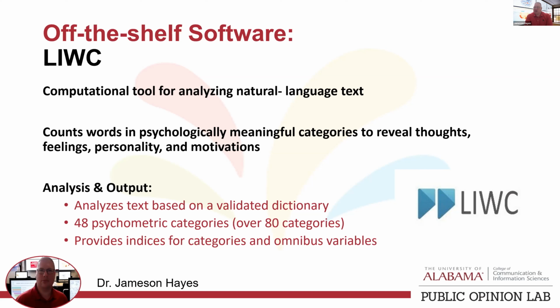They actually just released LIWC 22, which has updated dictionaries that include social language and a more robust emotion dictionary. They have 48 different psychometric categories that they analyze, and it provides indices for each of them, as well as some omnibus variables. So what it puts out for you is a psychometric analysis of proportional data that you can then use as IVs and DVs in your research.